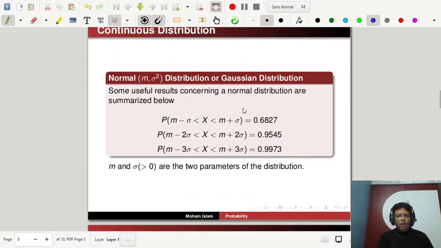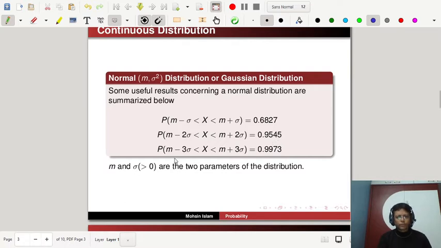Now actually there are some useful results concerning a normal distribution. Probability of m minus sigma less than x less than m plus sigma is given by 0.6827. That is the area of the region bounded between m minus sigma and m plus sigma is 0.6827, and the probability of m minus 2 sigma less than x less than m plus 2 sigma is 0.9545.